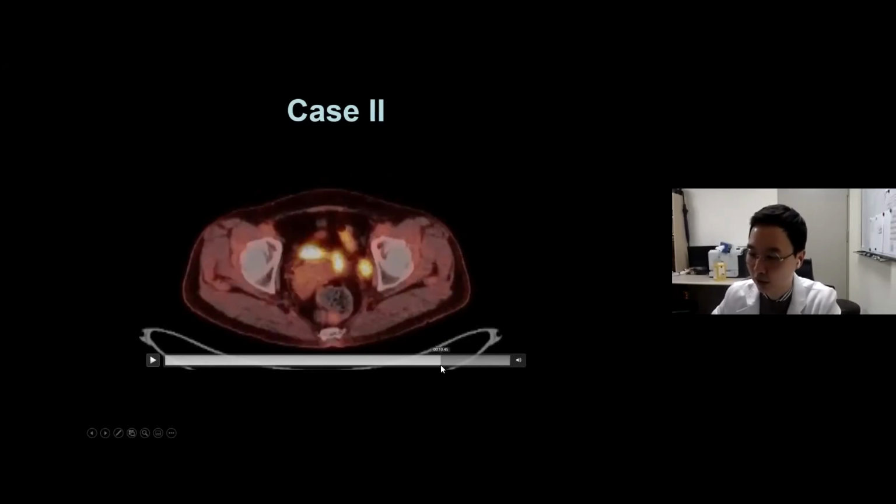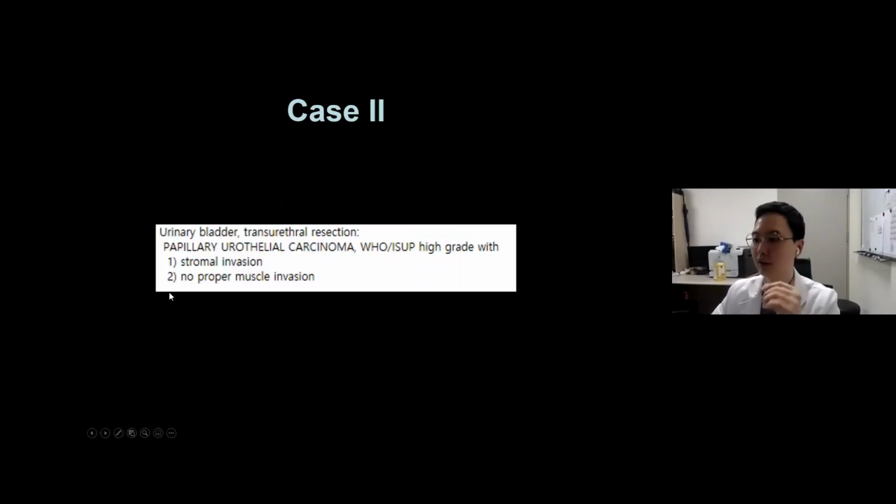So as you can see, for the detection of primary lesions, FDG PET-CT has some limitation. However, for detecting other lymph nodes or extravesical lesions, it might have good performance. This patient underwent transurethral resection of the tumor and had a high grade papillary urothelial carcinoma.